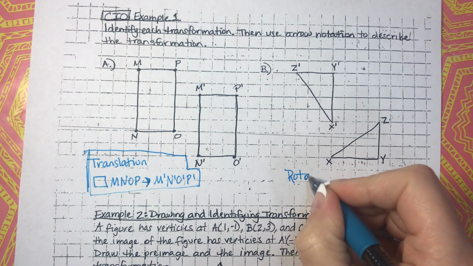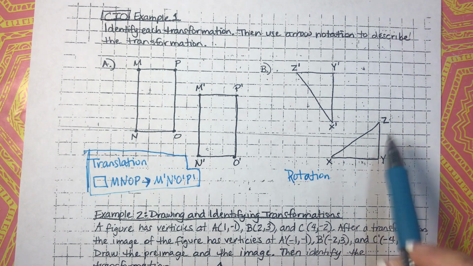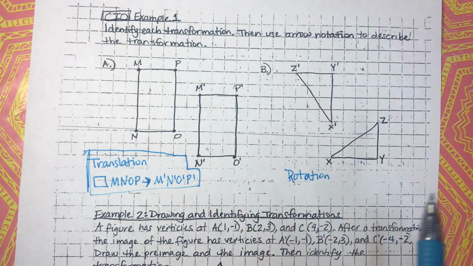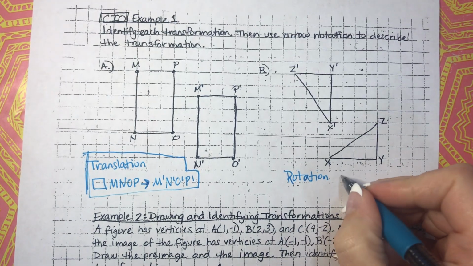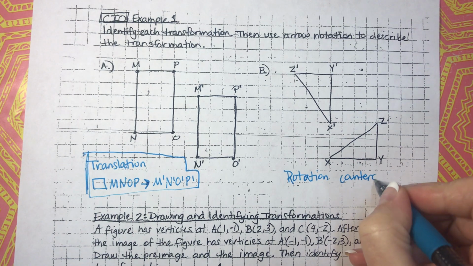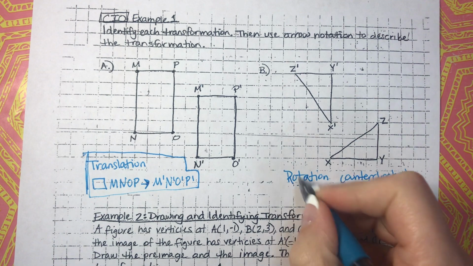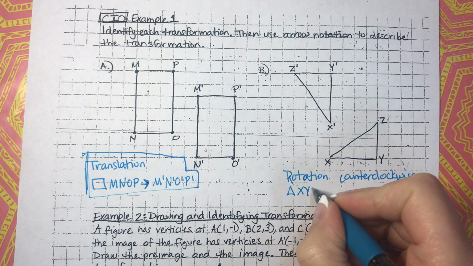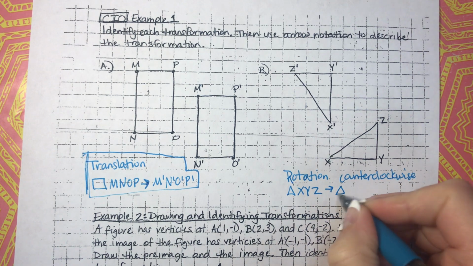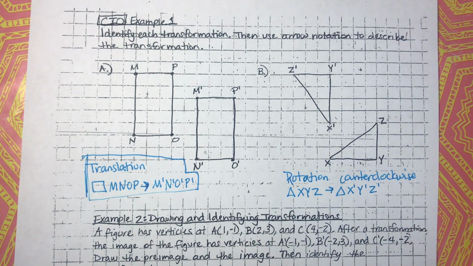And it looks like it is rotating this way, so it's a rotation, and it's counterclockwise. That's all I can say about this right now. And we're going to do the arrow notation, which means that triangle XYZ goes to triangle X prime, Y prime, Z prime. Perfect. All right, I will see you back in a little bit for example 2.